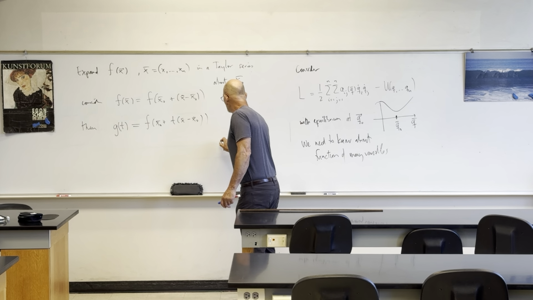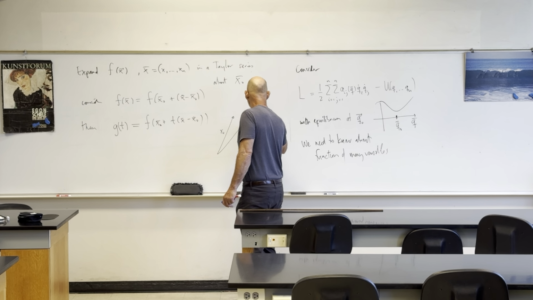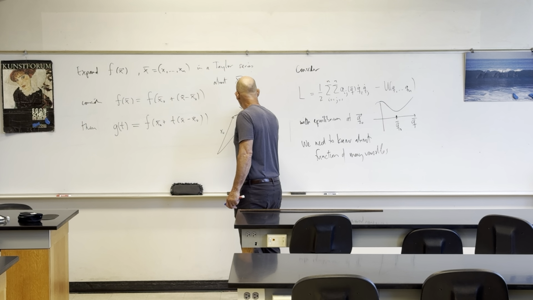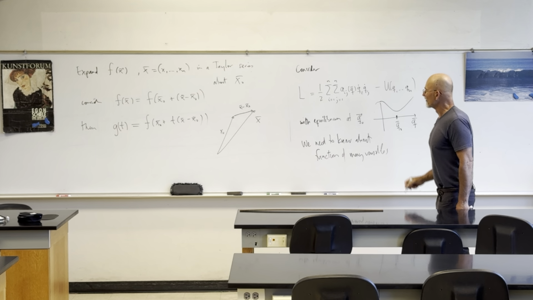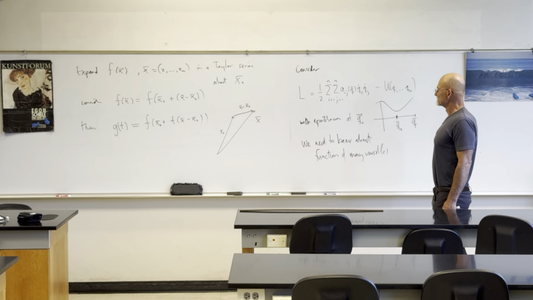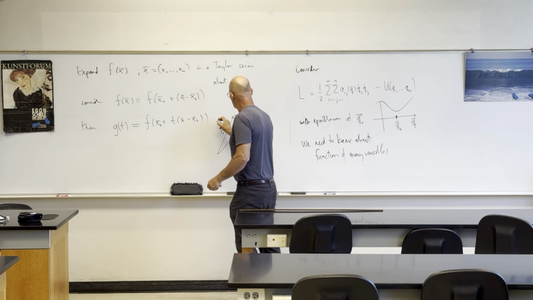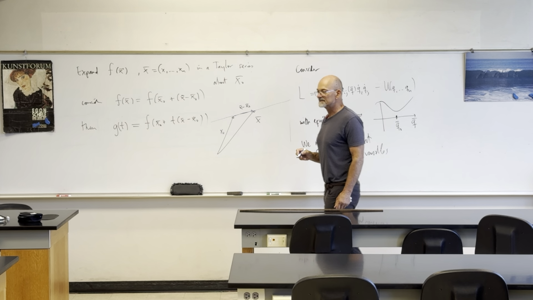Geometrically, I'm out here in space. So here's x naught. This is x. This is x minus x naught. Right? Little vectors, arrows. And t times x minus x naught would just encompass all the points along this line.